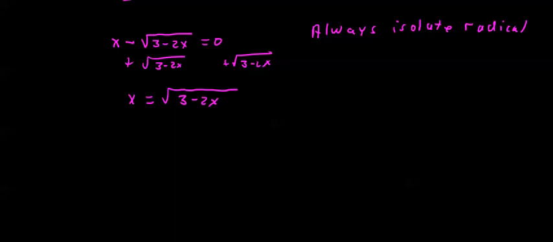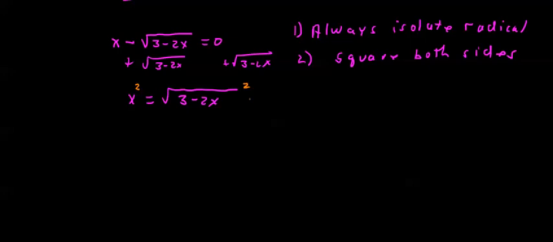Now what we do is we get rid of the square root. This is step one. We square both sides. Just like we did before, we took the square root of both sides. Now we square both sides.